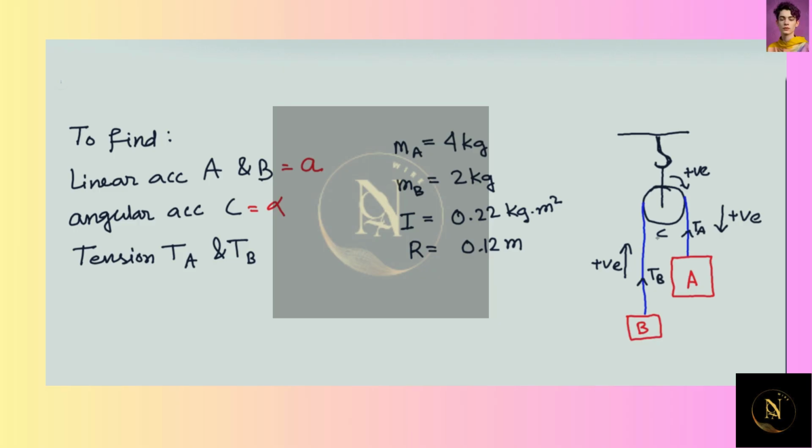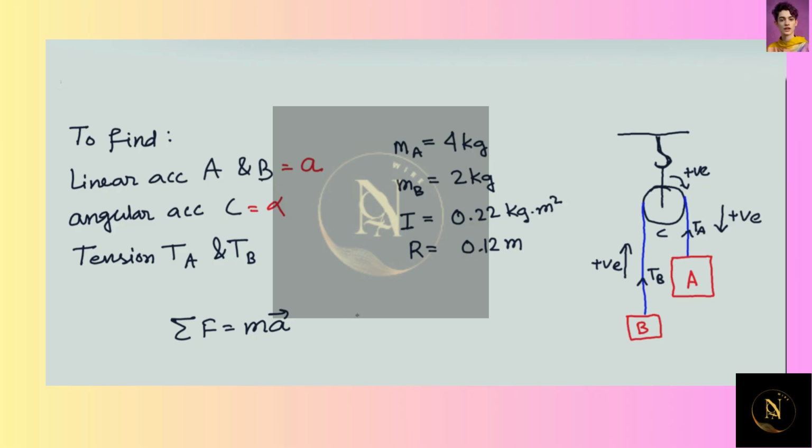So the way we will do this problem is, we see that block A and block B have only translational motion or linear motion. They can just move linearly, but the wheel only has rotational motion. It doesn't go anywhere, it just rotates. So that's why we'll be applying the force equations on each part. For block A and block B, we'll just apply the linear force equation, which is F equals ma, where a is the acceleration.